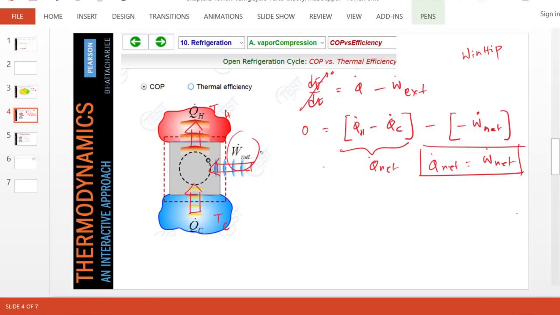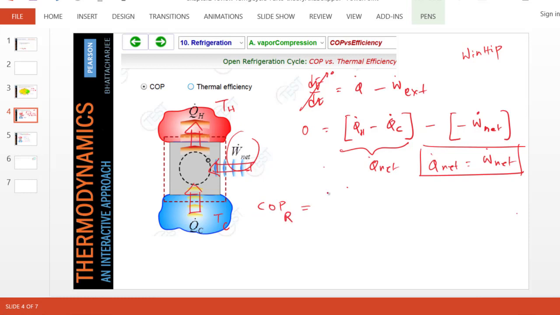Now, as far as defining an efficiency or COP of a refrigeration system, it is the desired energy transfer divided by the required input. That's the definition of any efficiency. But for a refrigeration system, it's called the COP, the coefficient of performance.